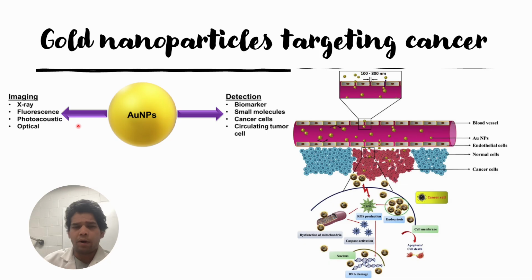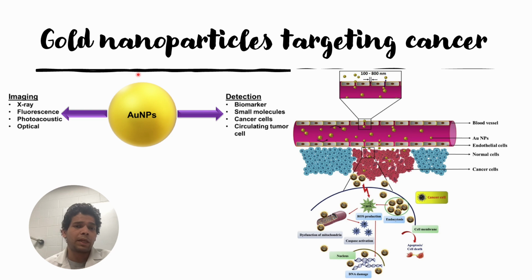The reason why they can be used for imaging is the same: they have high circulation times and low toxicity, so they can remain inside the patients for a longer duration without causing much problem.